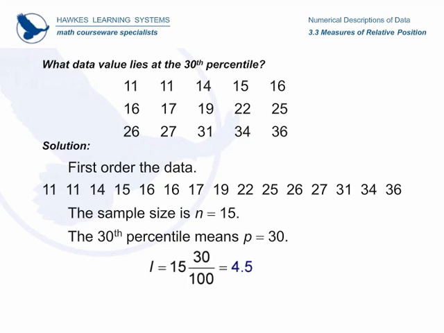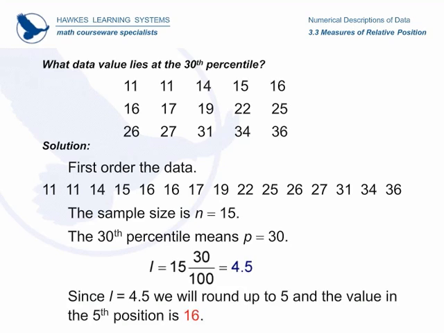So using our formula, L equals n times p over 100. That would be L equals 15 times 30 divided by 100, which gives us 4.5.